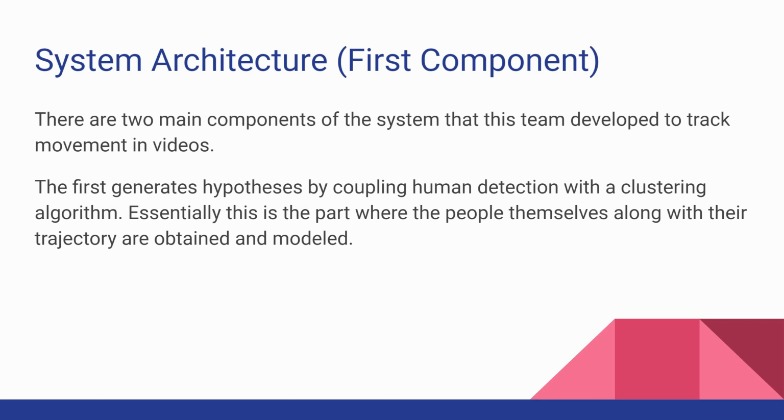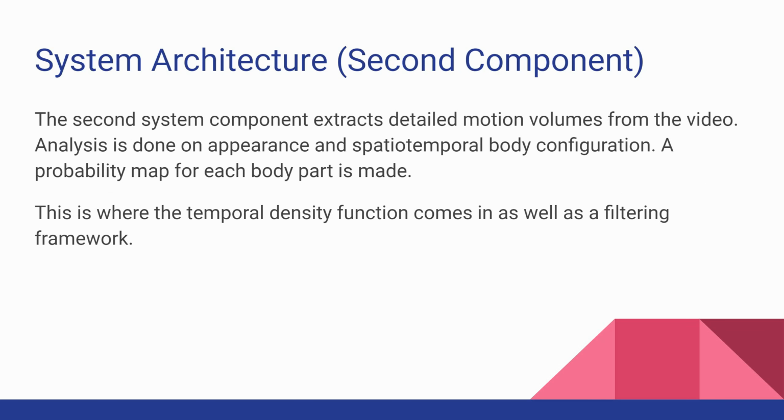There are two main components in their system to track movement in videos. The first generates hypotheses by coupling human detection with a clustering algorithm. Essentially, this is where the people themselves, along with their trajectory, are obtained and modeled. So you get an idea of what is going on frame by frame with this algorithm. The second system component extracts detailed motion volumes from the video. Analysis is done on appearance and spatiotemporal body configuration.